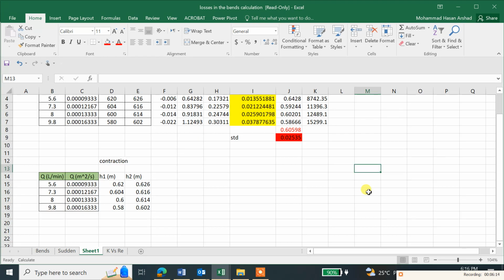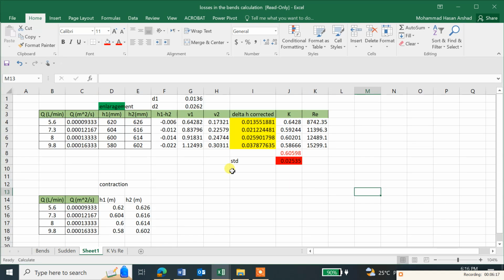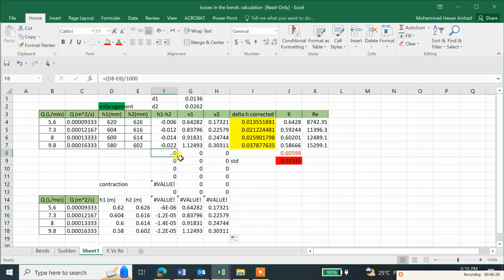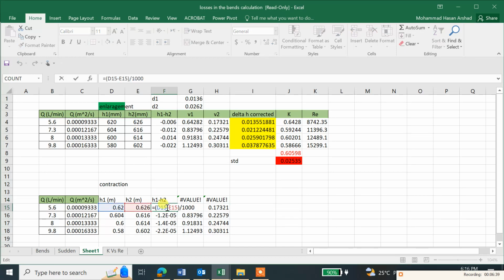Now for contraction, we'll do the same thing. So we can drag this one all the way. Delete this one. This is h1 minus h2. Sorry, this is already in mm.